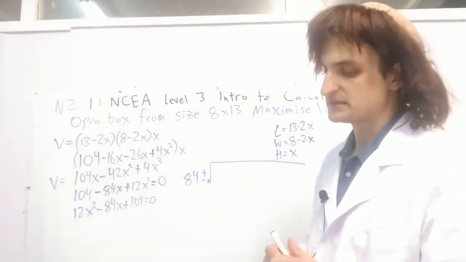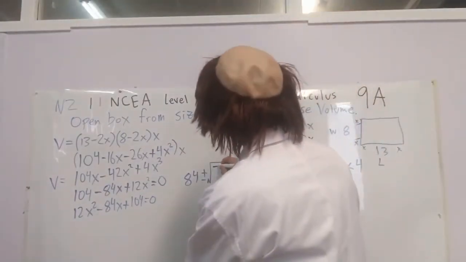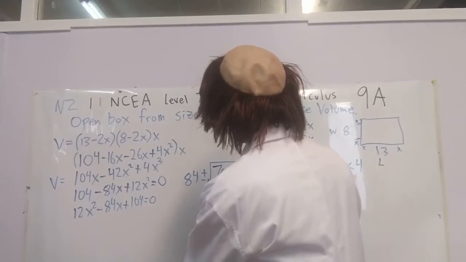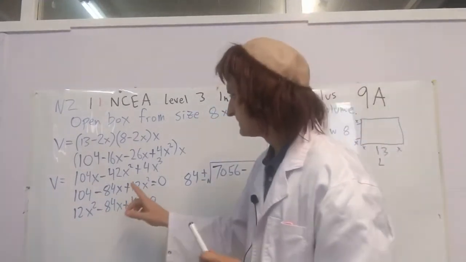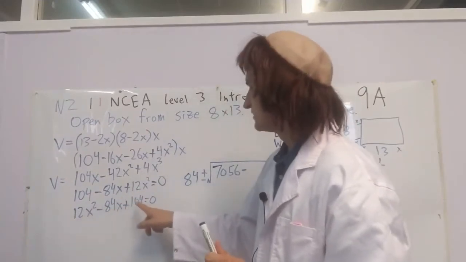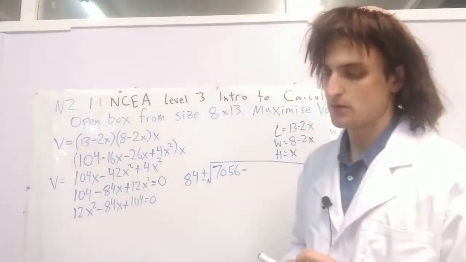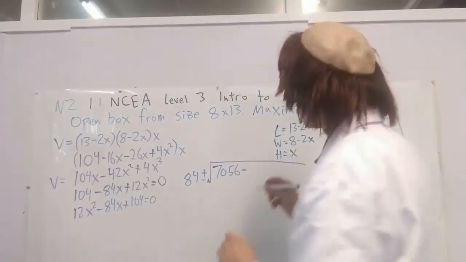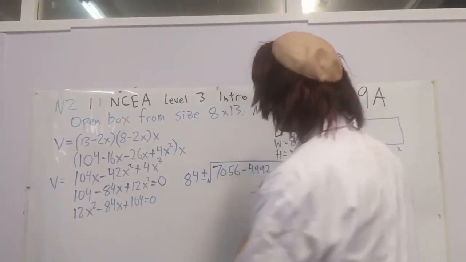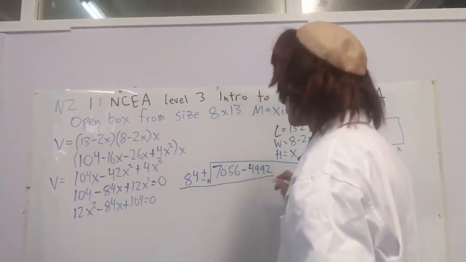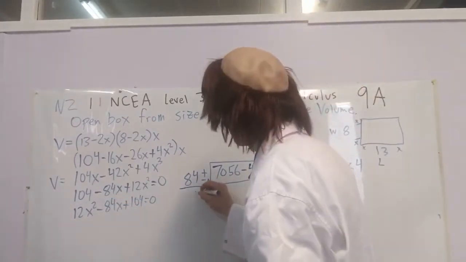I've got that as 7056 minus 4 times 12 times 104, which is 4992. And that's all over 2a, which is 24.